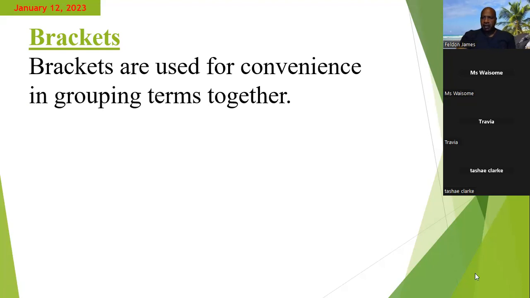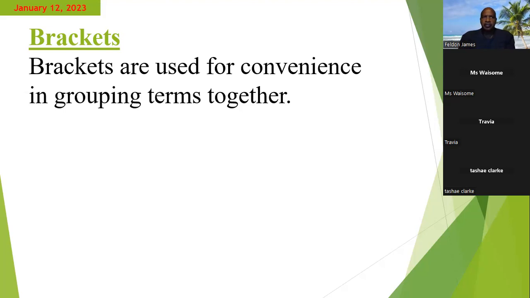All right, so it is good to know the laws, because while you understand the laws, it makes the concept clearer in your mind. But pretty much that's what we're doing, Ms. Waysome. We are going to take what is outside the bracket, multiply what is inside in a distributive way.